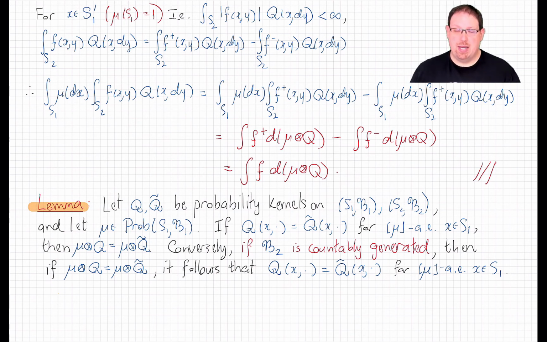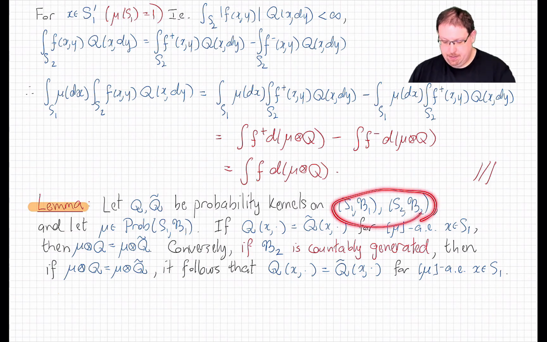For the last basic result about probability kernel calculations I want to give in this lecture, let's talk about unique identification of probability kernels. Suppose that I have two ostensibly different probability kernels on the same pair of spaces, and mu is a probability measure on the first space.